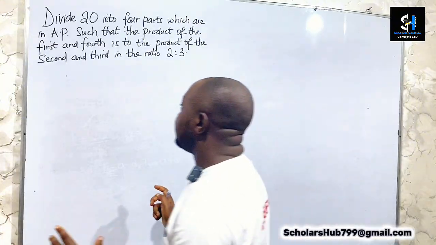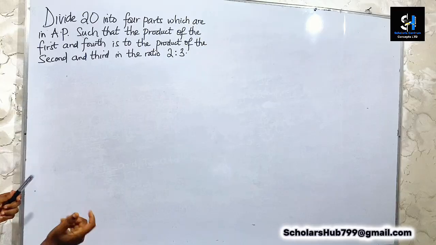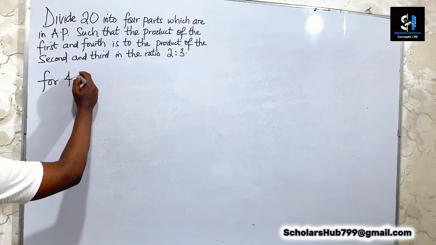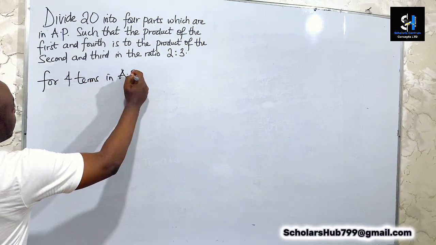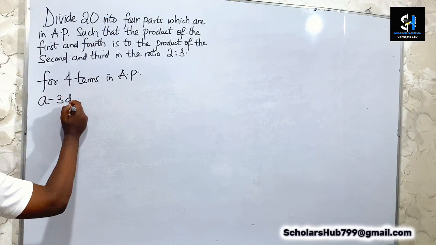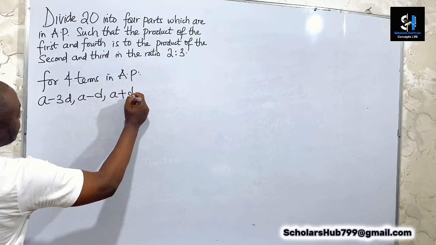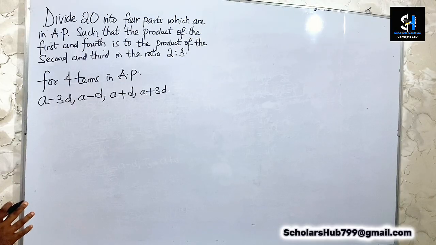So for 4 parts which are in AP, let's consider 4 terms in AP. It will be easier to make use of a minus 3d, a minus d, a plus d, and a plus 3d. So this one is easiest.